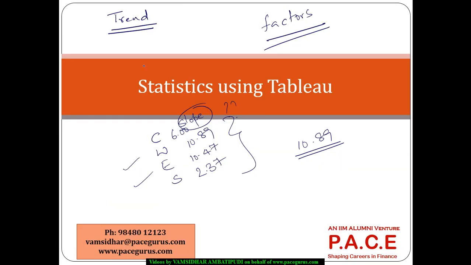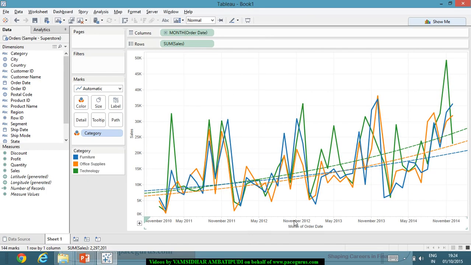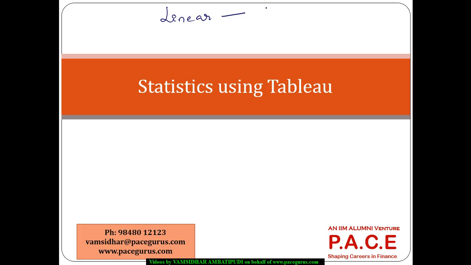Now coming to here, the different kinds of trend line. Let's say I am having a linear trend line. I assume the relationship, right, probably here for every month. So on an average, let's say every month, whatever is the increase in sales is going to be constant.